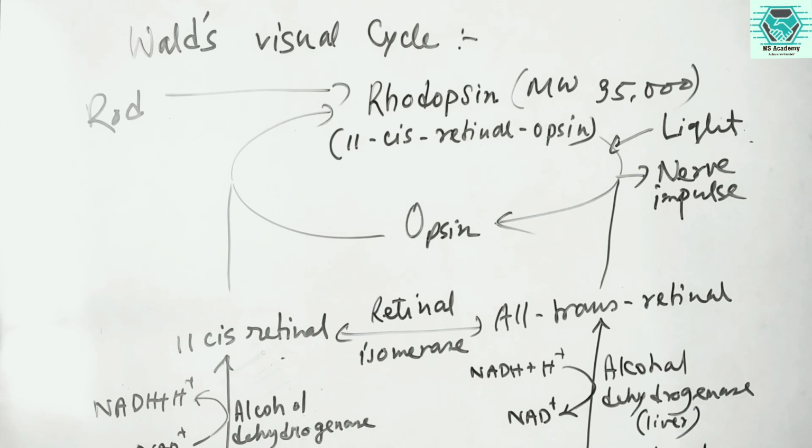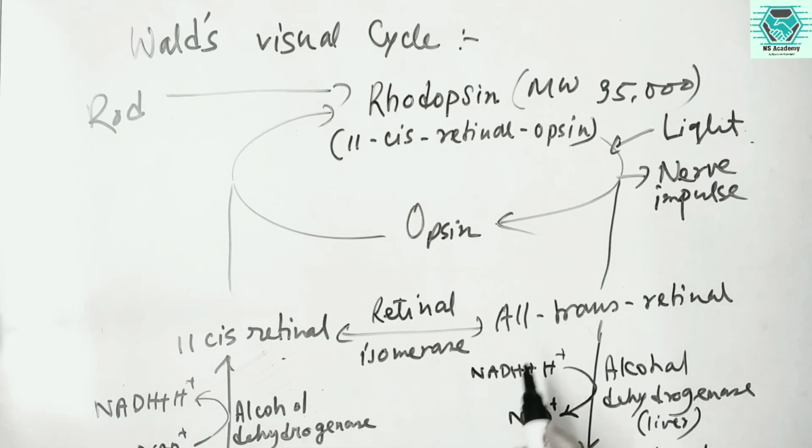The all-trans retinal is immediately isomerized by retinal isomerase to 11-cis retinal. You can see, this combines with opsin to regenerate rhodopsin.